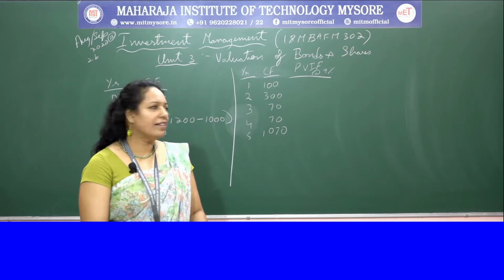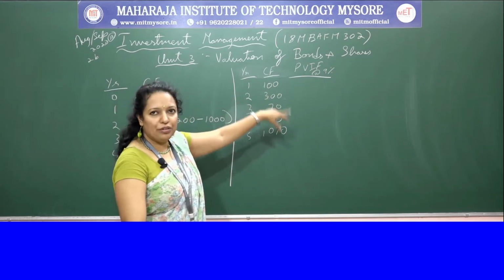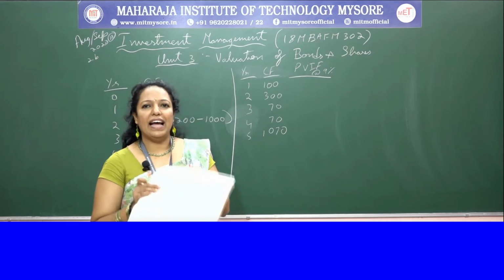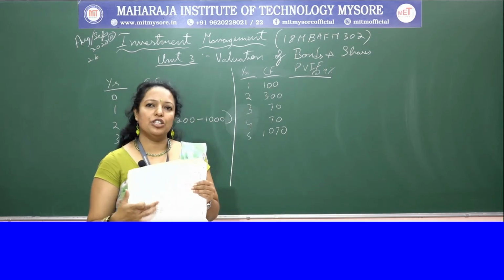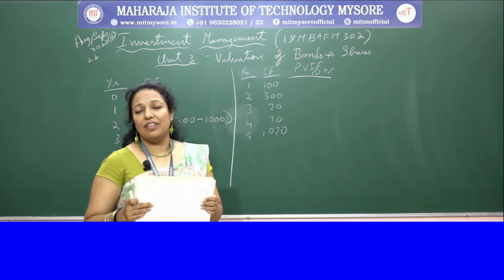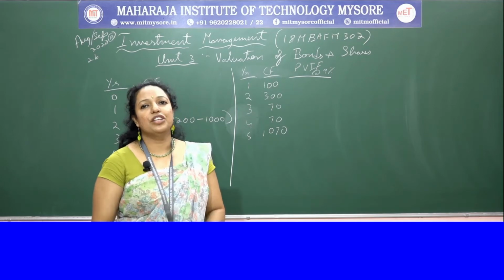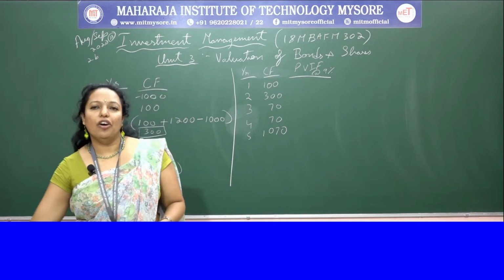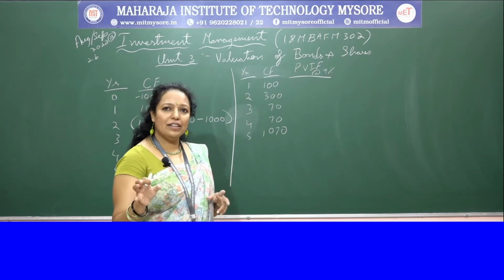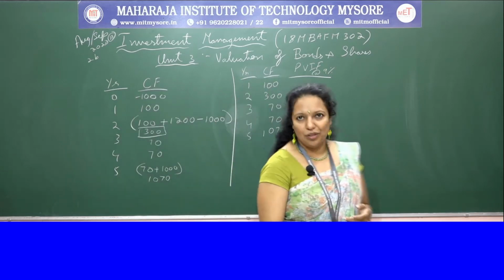If it is the first year, you use the power of 1, for the second year the power of 2, for the third year the power of 3, like that. Or else, behind any financial textbooks, you have tables like this. You can zoom and see: present value interest factor annuity, present value interest factor, future value interest factor annuity, or future value interest factor. From those tables you can take the values. So you can use any of the methods.